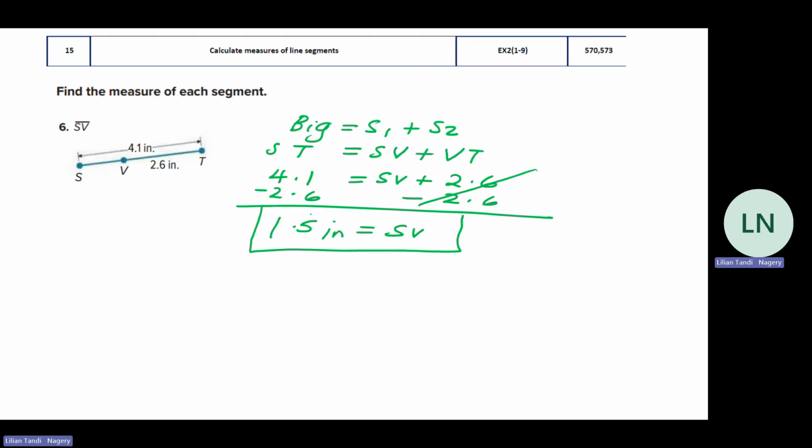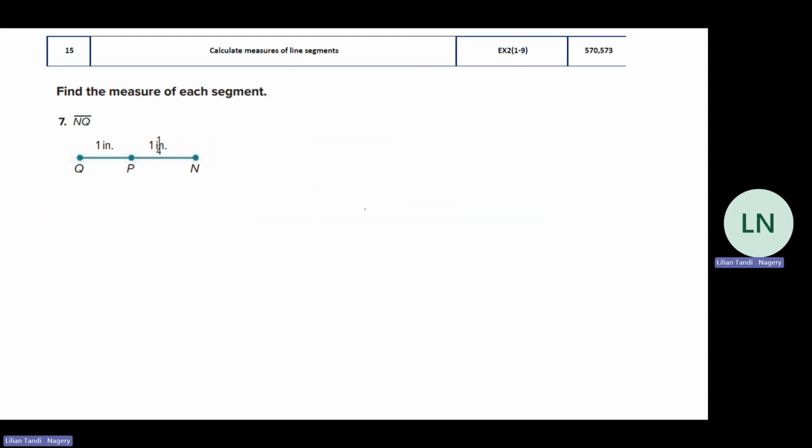All right. Then we are here. So big equals small 1 plus small 2. Big is who? NQ, because the question wants NQ, so N to Q is big.